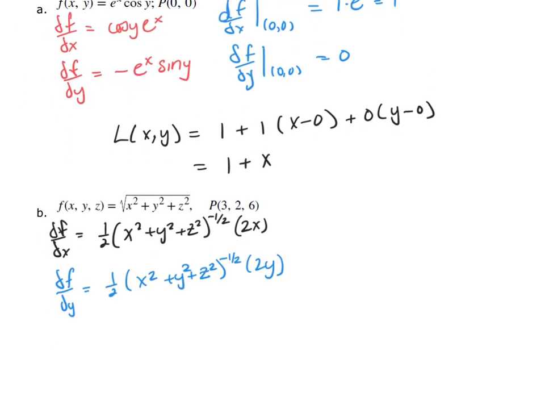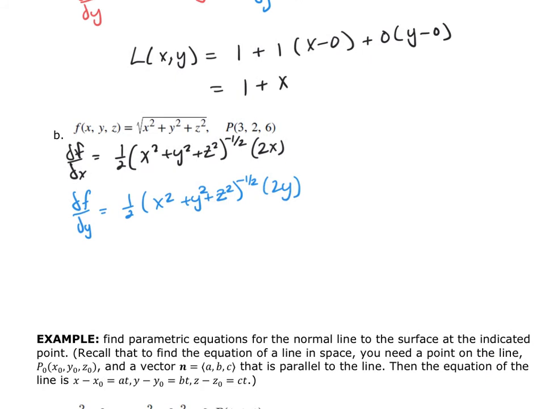So coming back down here, which is what I needed, I also need my partial derivative with respect to z. So this is, of course, 1/2 times x squared plus y squared plus z squared raised to the negative 1/2, and then 2z. Now I need to evaluate all of these.